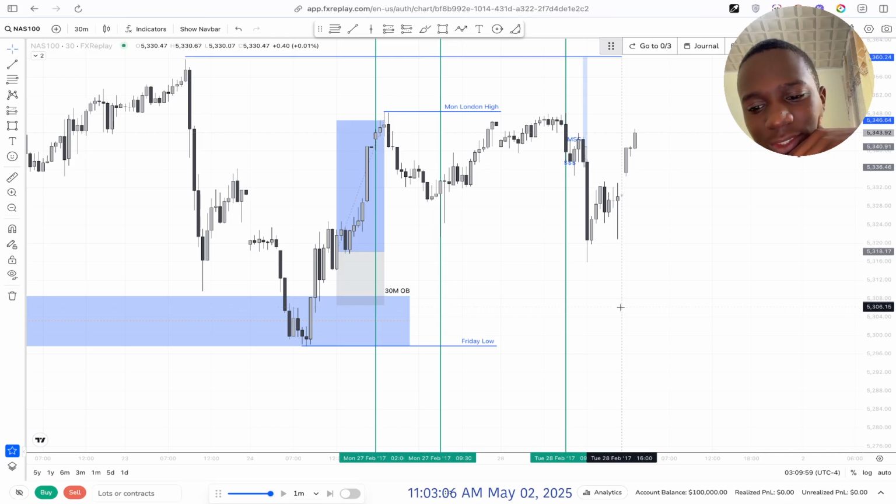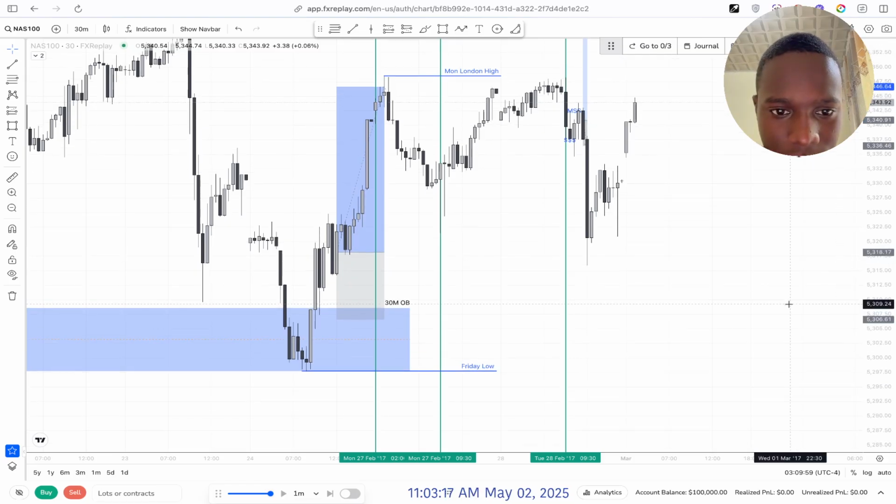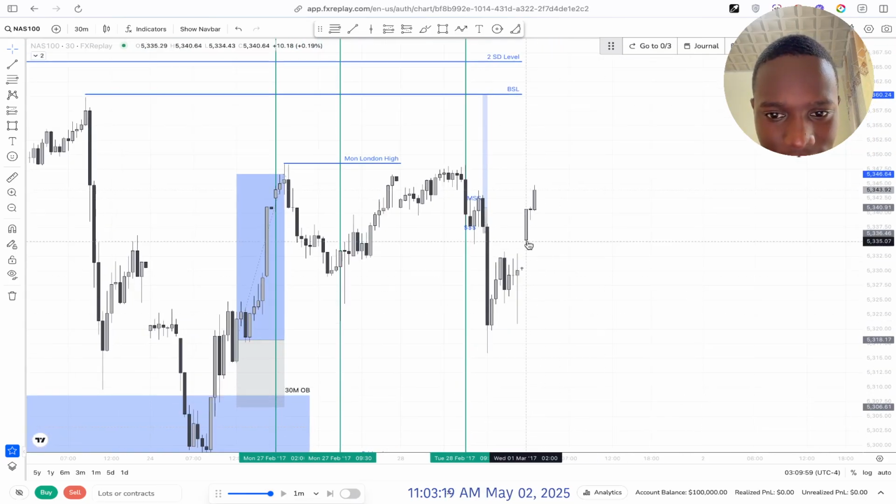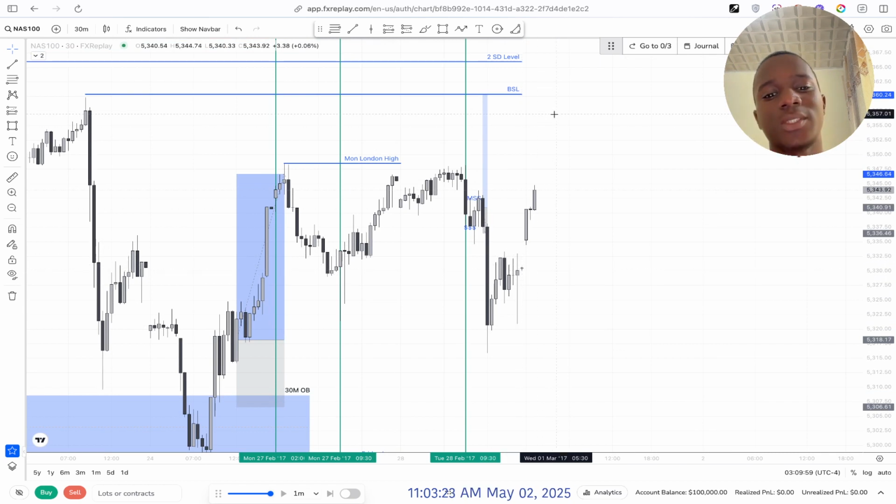You can see the transition from Tuesday to Wednesday, there was a very big gap in here. There was a volume imbalance, and we would expect to enter off of this, because obviously it's going to be filled, then maybe it might push us higher off of it.